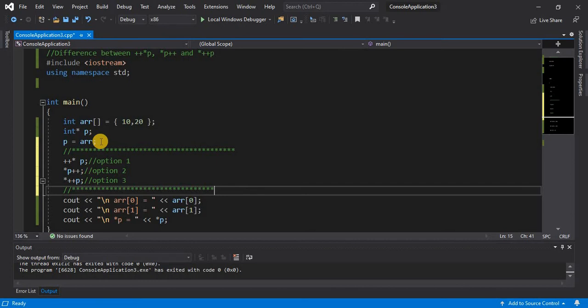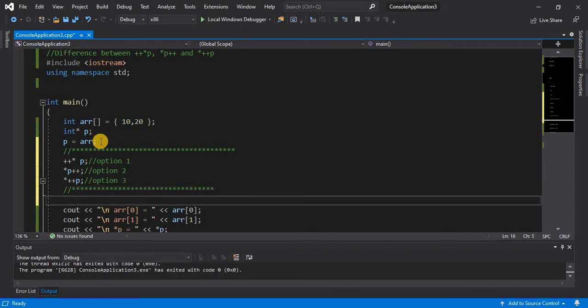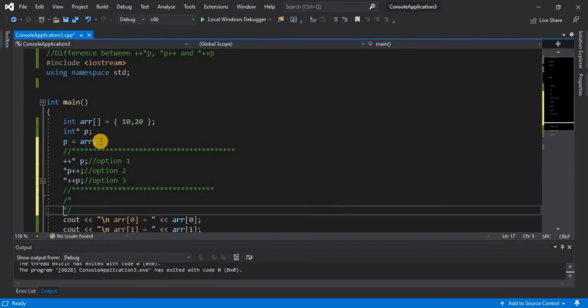So before going for the output, let us try to mention some rules based upon which you can easily and correctly get the output.